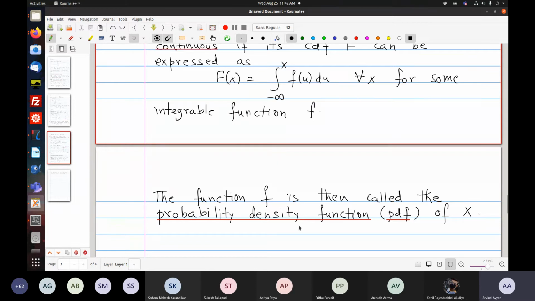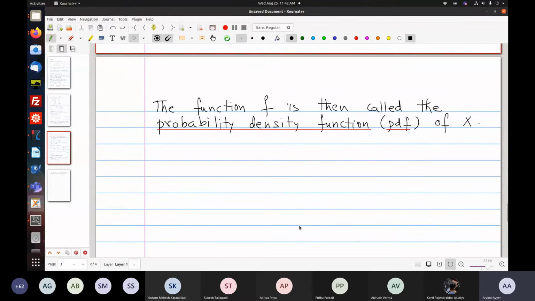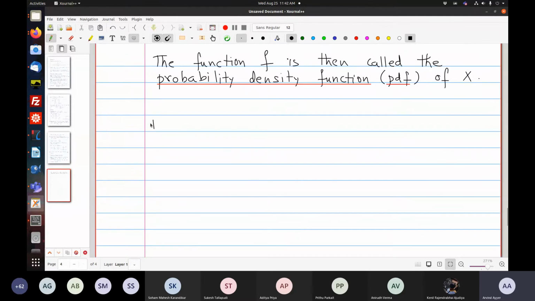This is exactly the same idea. So if B is a quote unquote nice subset of R, then the probability of X having value inside B is the integral over B of f(u) du.